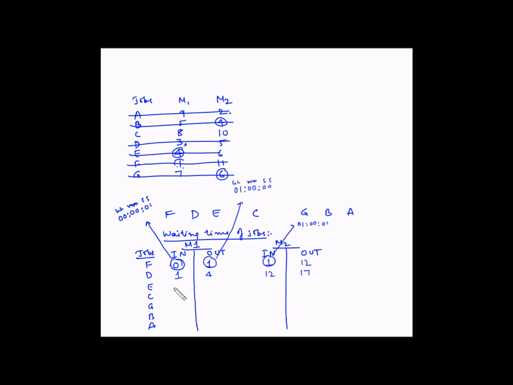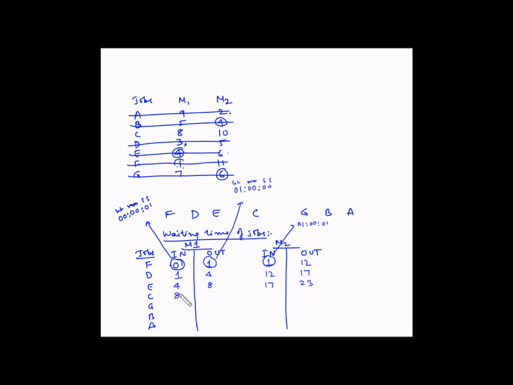Similarly for E, in time will be 4, that is once D is out of M1, and E on M1 takes 4 hours, so out time is 8. Now E can be processed after D is finished on M2, so 17, and E takes 6 hours on machine M2, so 17 plus 6 is 23.